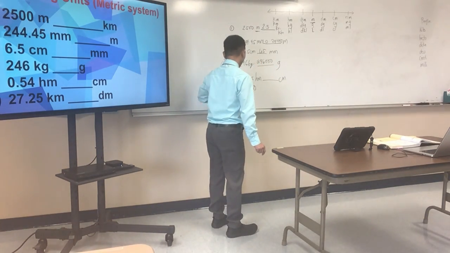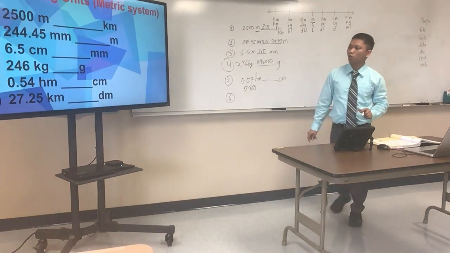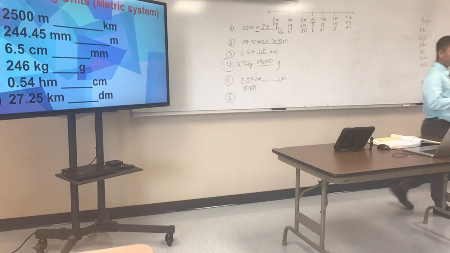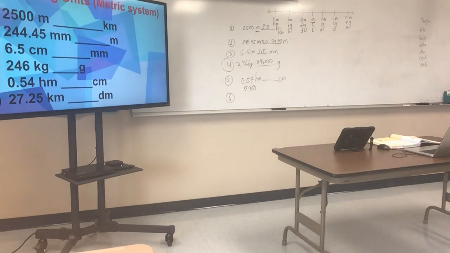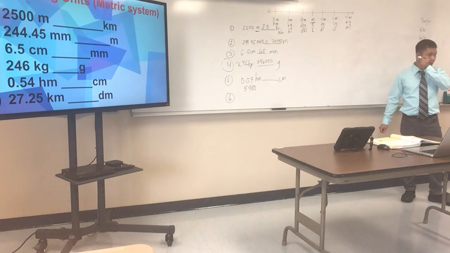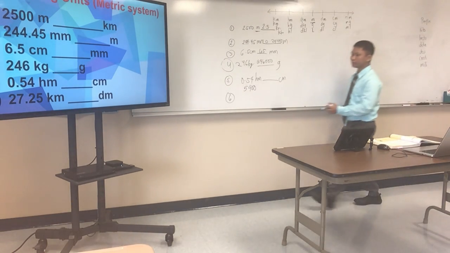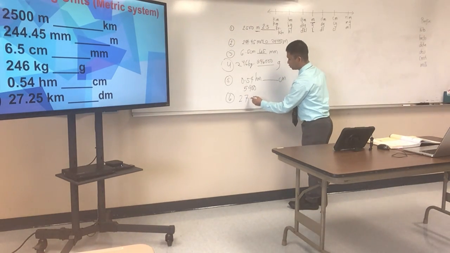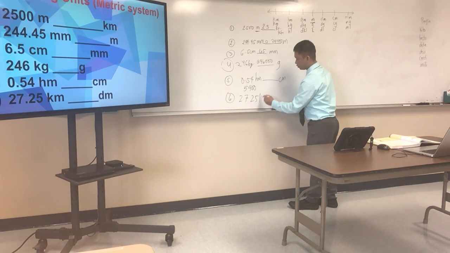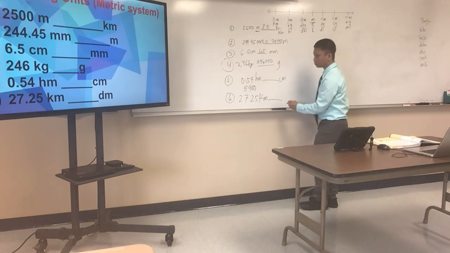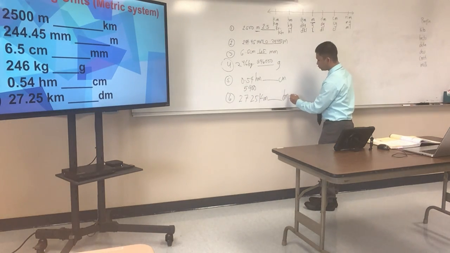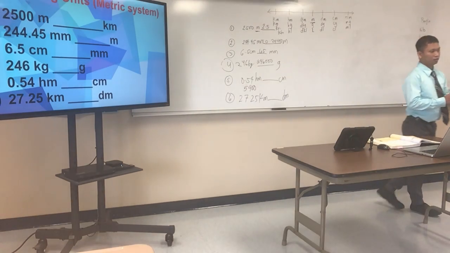Number 6. What would be 27.25 kilometers to DM? You can do this. KM is kilometers to decimeters.